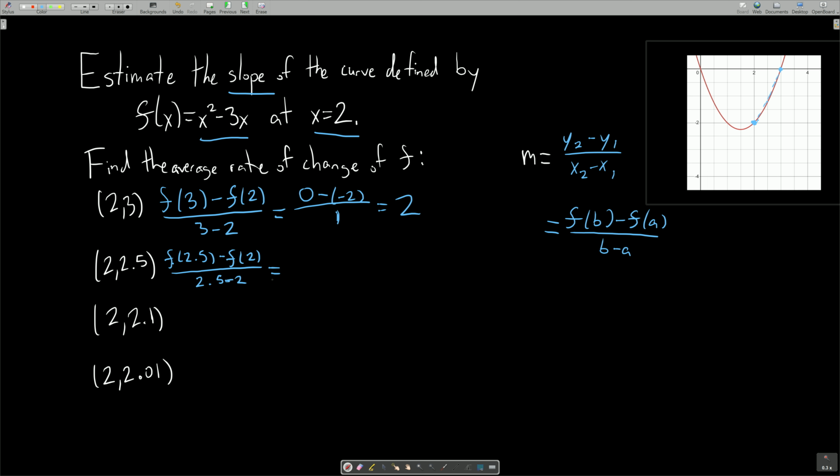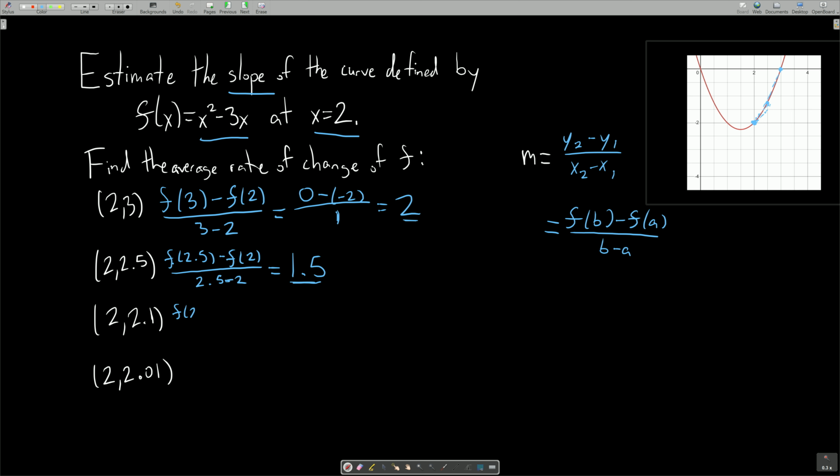It's best to do this one with a calculator. We get 1.5 for this one. 2.5 is right here. This line between the 2 and the 2.5 has a slope of 1.5.